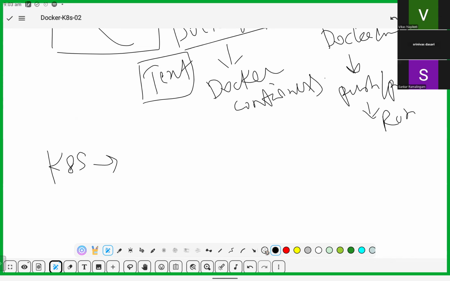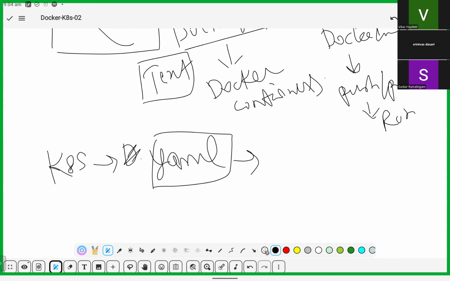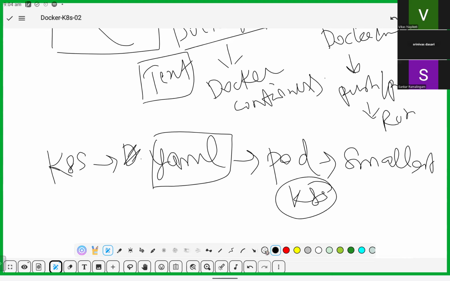Here we basically use a YAML file for defining the pod. A pod is the smallest unit of your Kubernetes, which contains one or more containers.